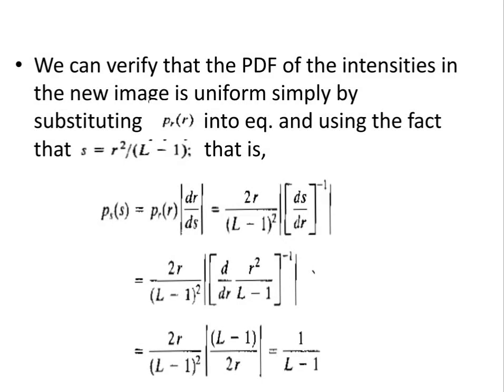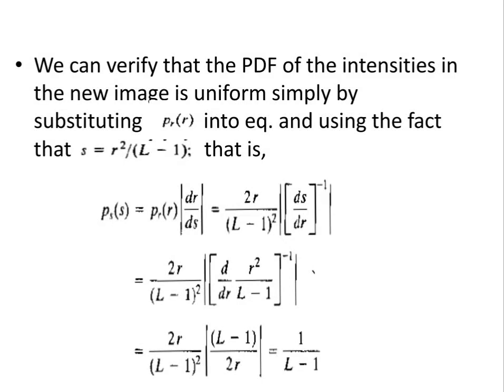We can verify that the PDF of the intensity in the new image is uniform simply by substituting the p_r(r) values in the above equation. So using the fact that s is equal to r squared upon L minus 1, p_s(s) is equal to p_r(r) times the magnitude of dr upon ds, which is 2r upon (L minus 1) squared times the magnitude of ds upon dr, taking the reciprocal of dr upon ds.